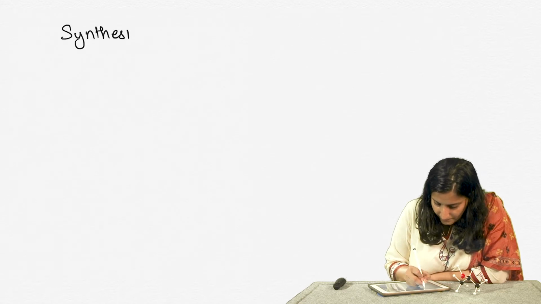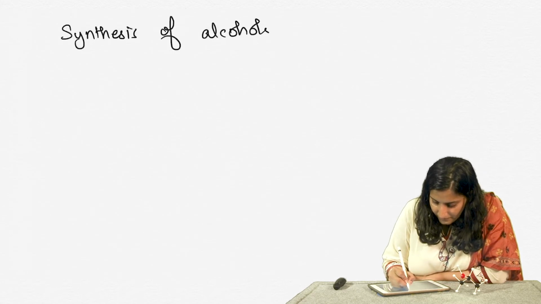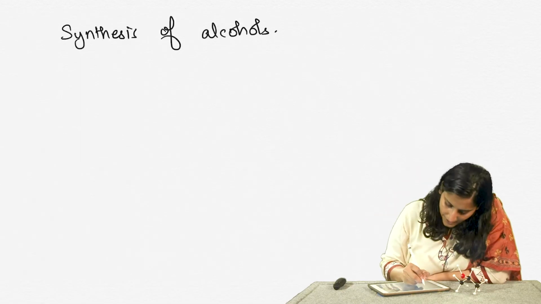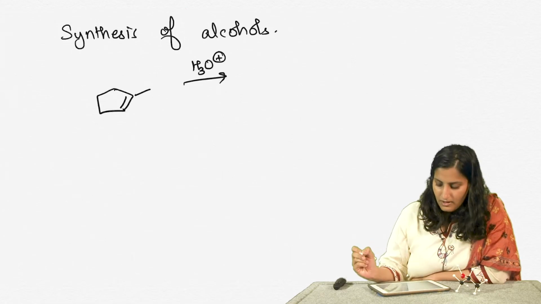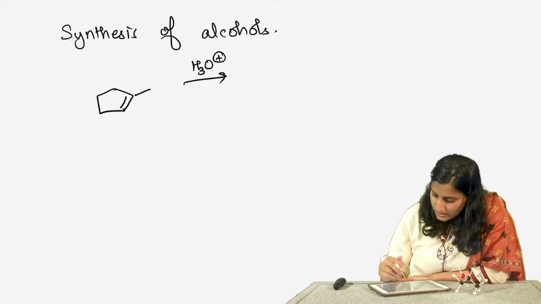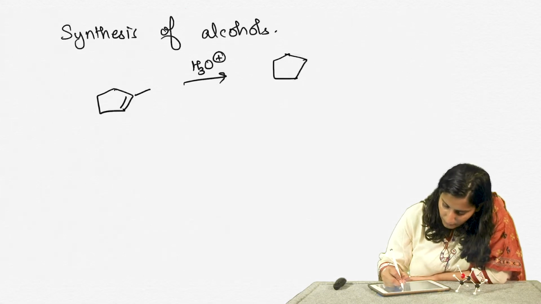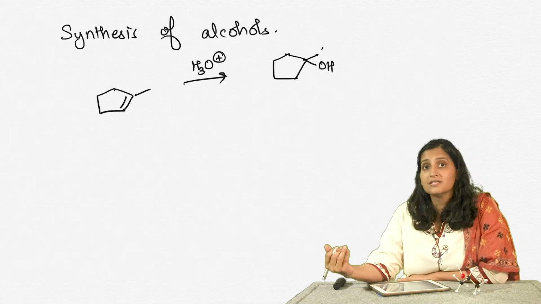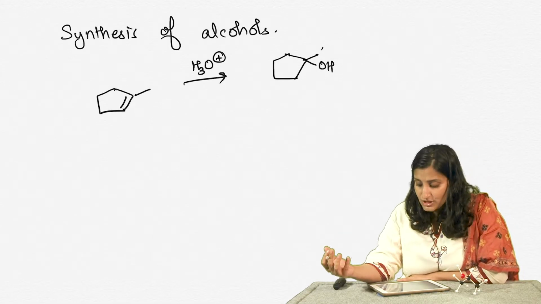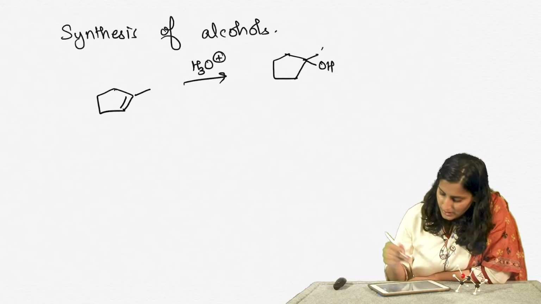So, for example, we have seen reactions of alkenes where an alkene, when reacted in an electrophilic addition reaction with H3O plus, forms the addition of OH and H across that carbon-carbon double bond such that the OH goes to the more substituted carbon.